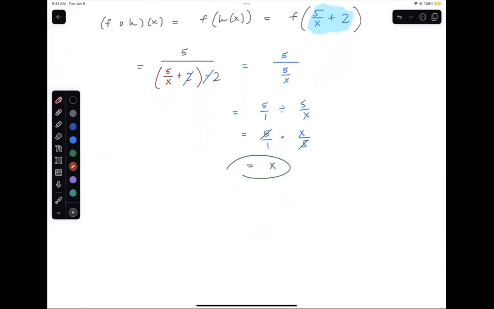So now we need to do the other way. So h composed with f of x is going to be equal to h of f of x, which will be equal to h of 5 over x minus 2.